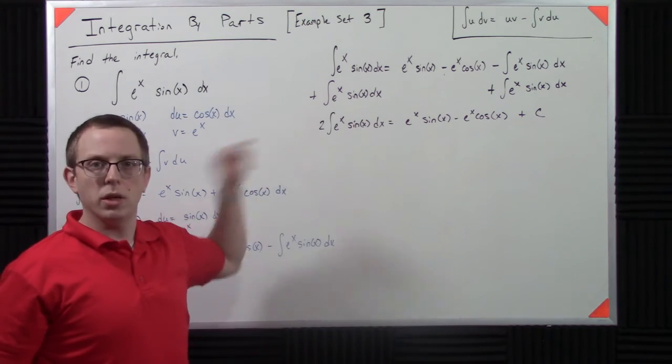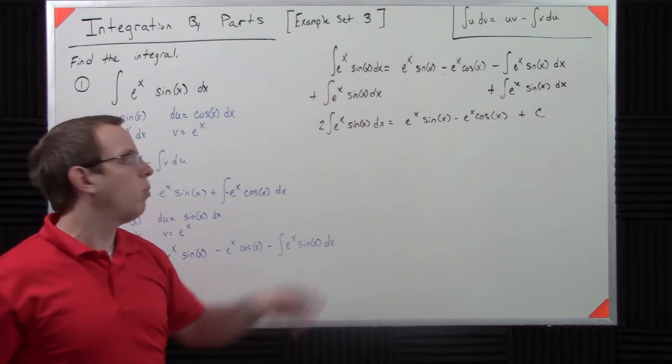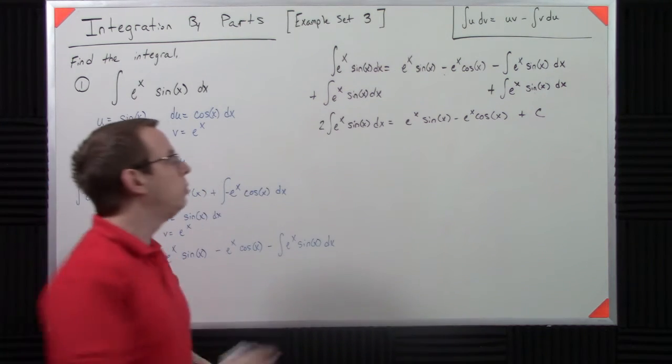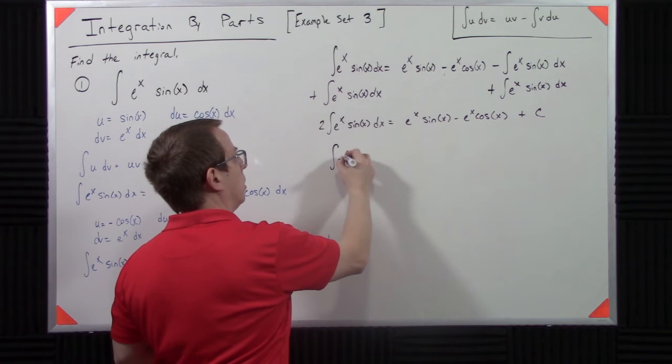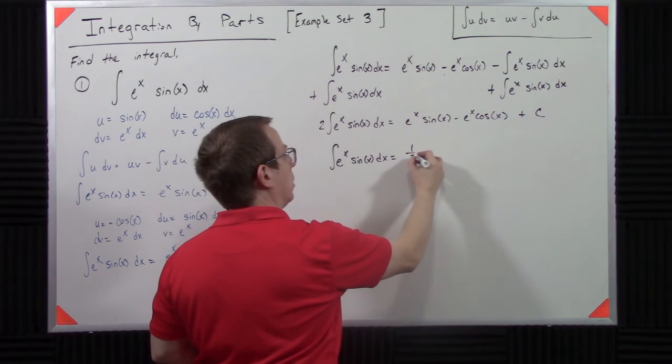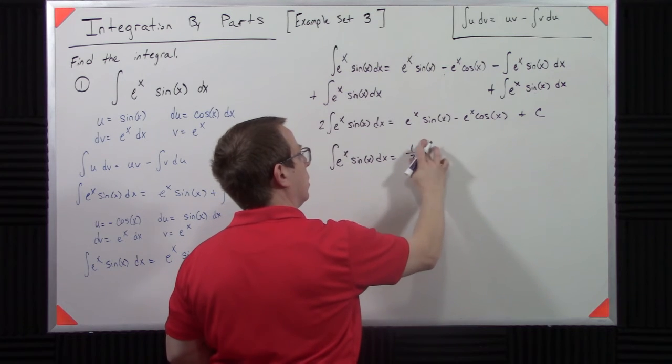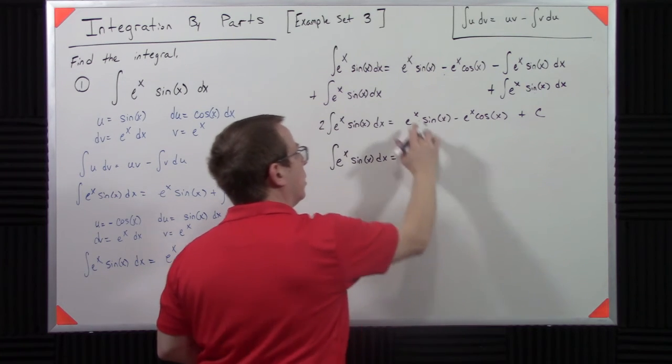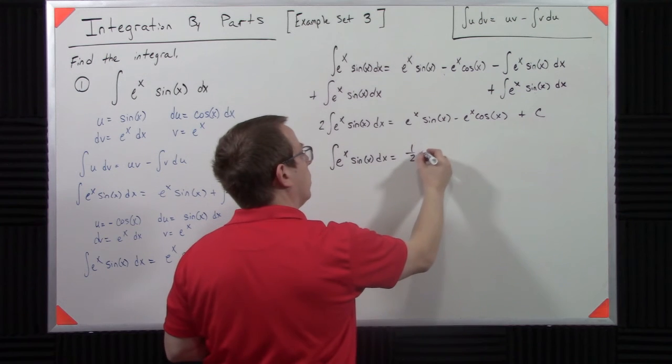But I don't want two of these. I want one of these. I only want to start with one. So if I divide both sides by 2, and I'm going to factor out an e to the x here.